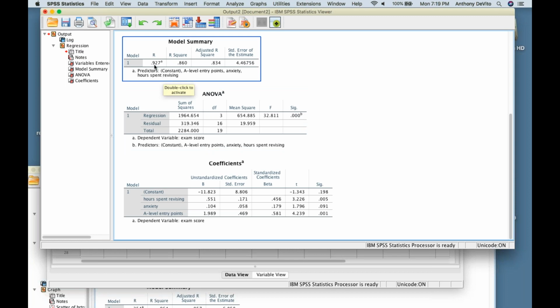The R value overall for all of these together is equal to 0.927. The R square value is 0.86. So the formula that we're about to create accounts for 86% of the variability in the response variable, the dependent variable. That's really good, right? That's excellent. Yes?